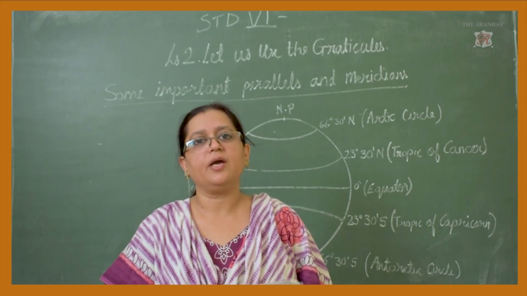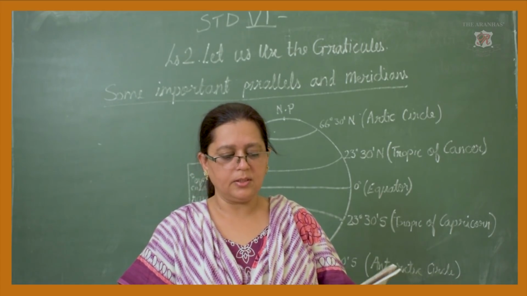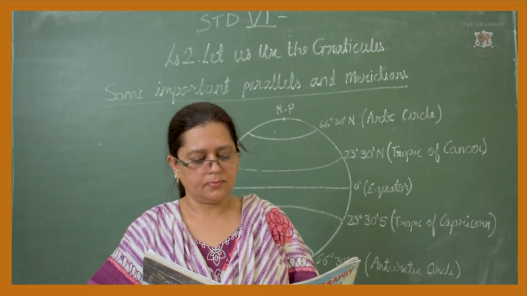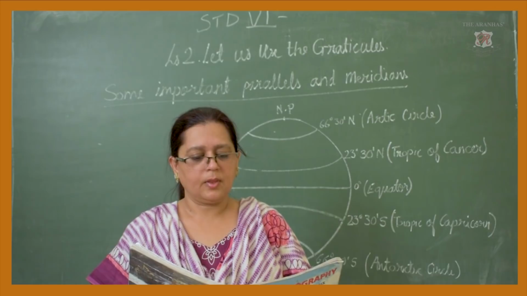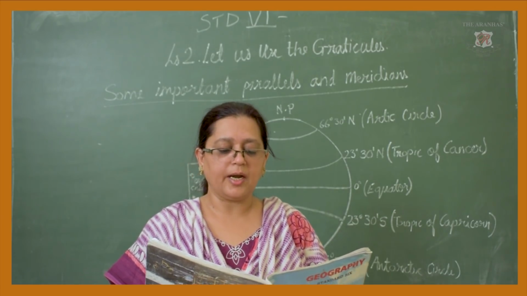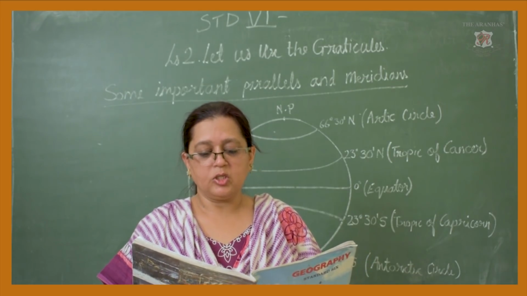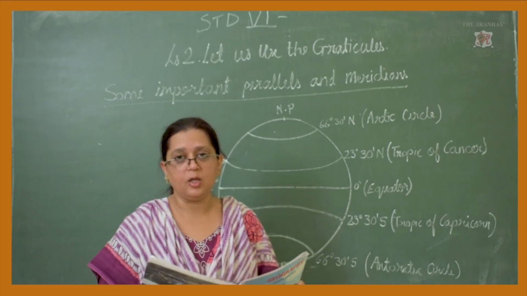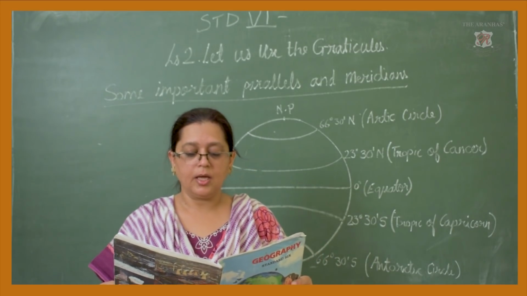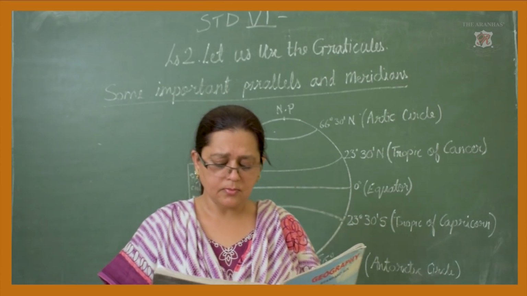So children, today we have studied how to use the graticules to find the location of a place, the extent of a region, and the extent of any linear feature.